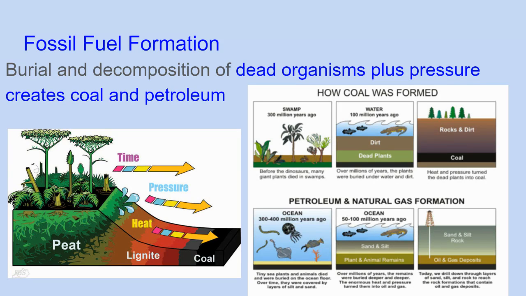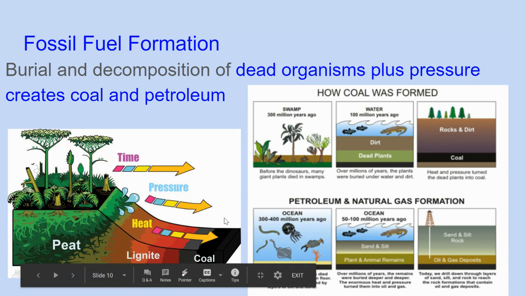Now, you may have talked about this last year, you may not have talked about it as much, but fossil fuels, how does that happen? Basically, it's where biology meets earth science. So they kind of come together here. Basically, what happens is that a living organism like a tree or some animal or even bacteria potentially dies. Everything eventually dies. And what happens is that over an extended period of time, with heat and pressure added over that long period of time, that living substance gets compacted and forms coal, or sometimes even petroleum oil.